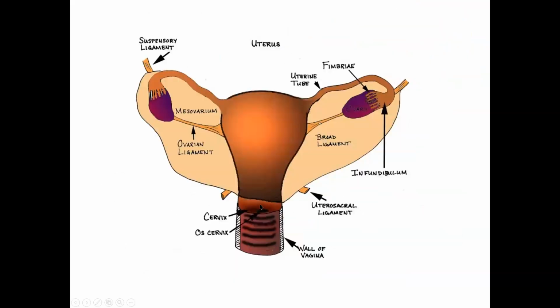Here we have our cervix, and the hole in it is the os cervix. Usually this hole is plugged with mucus. If it's plugged with mucus, it means the woman can't get pregnant because sperm can't get in there either. I'm sure you all know this already.